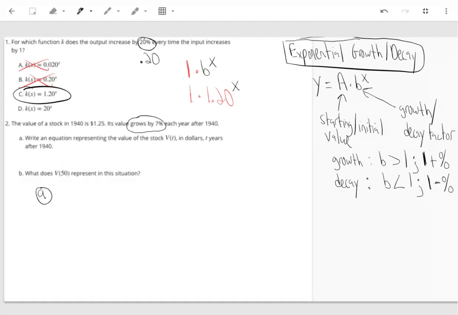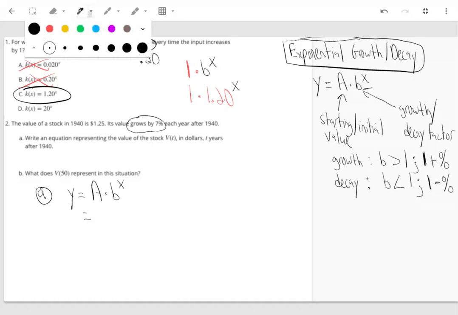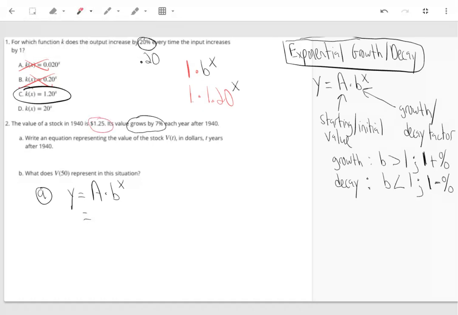So I'm going to write that down here. We're going to fill in y equals a times b to the x. First of all, what is my initial value? My initial value of the stock is $1.25, right? So my A value is going to be $1.25.